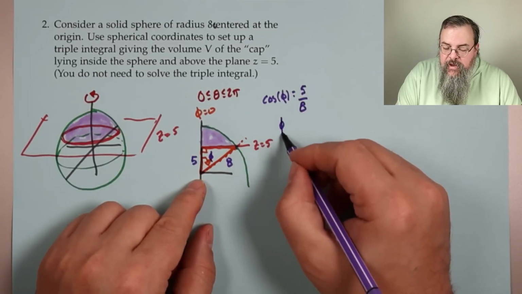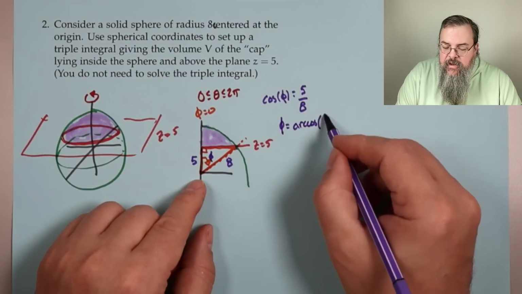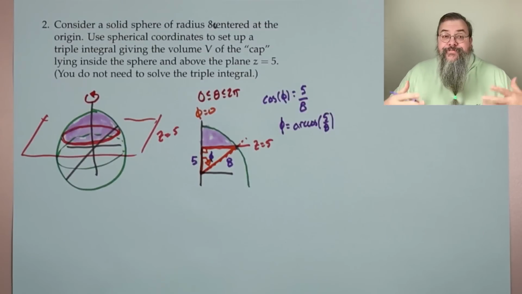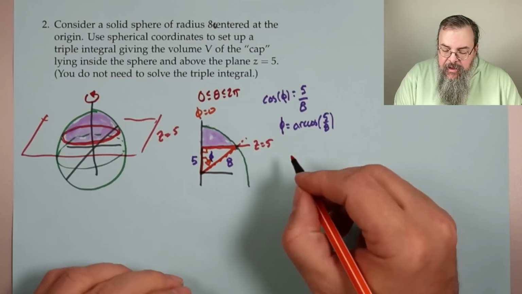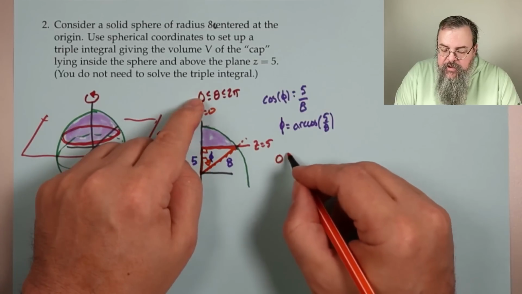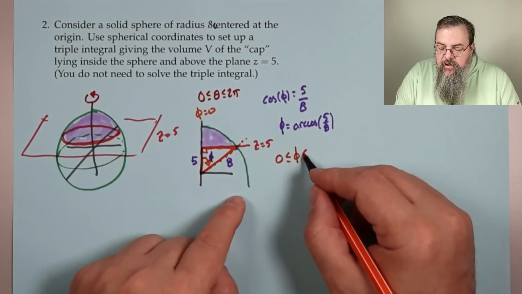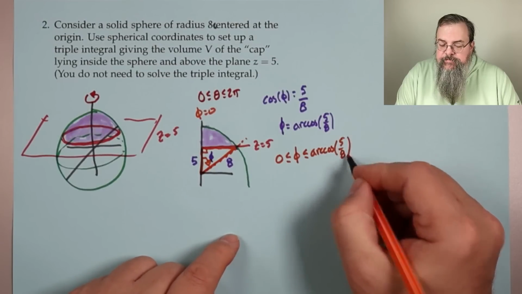So phi is the arc cosine of 5/8. The punchline is that we now know where phi goes from. We already did theta, and phi starts at 0, straight up, and goes until this angle, arc cosine of 5/8.